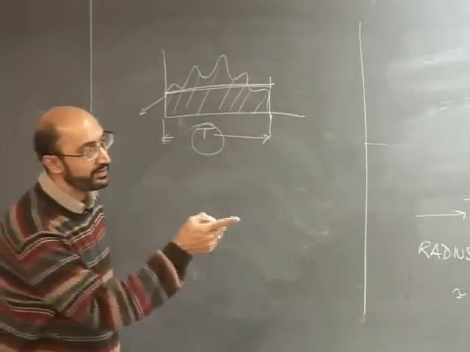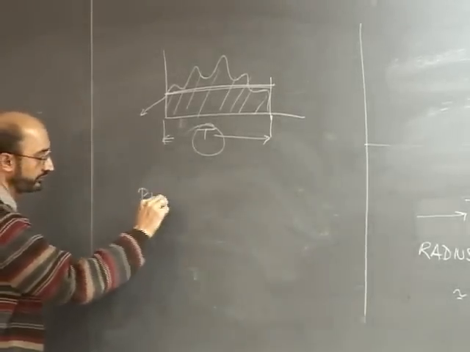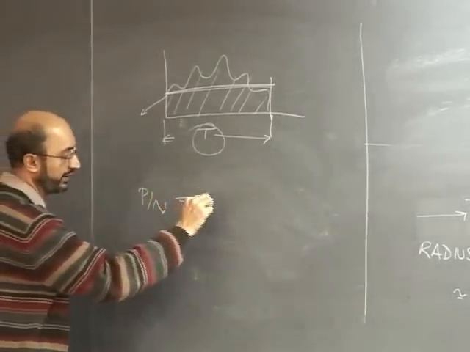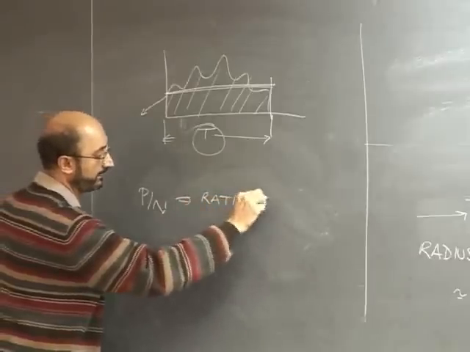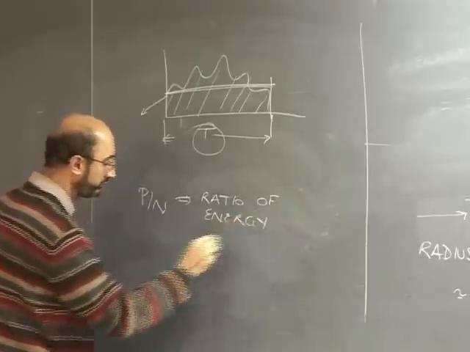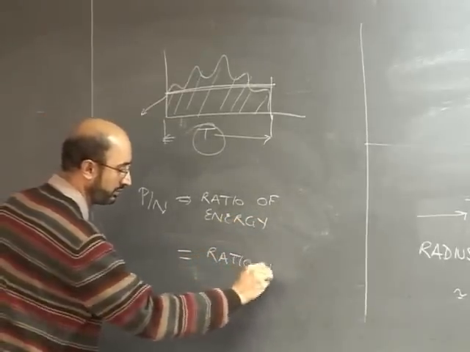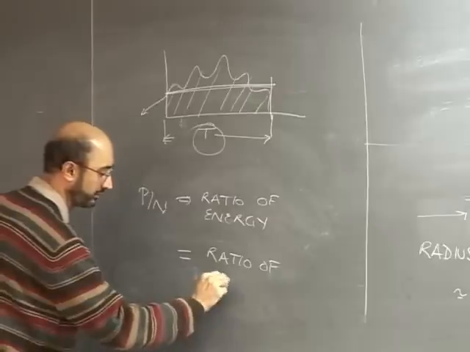So P/N, which was a ratio of energies, is also equal to a ratio of average powers.